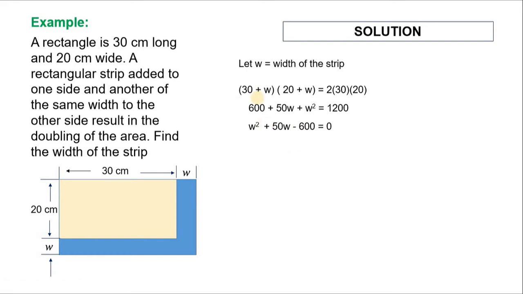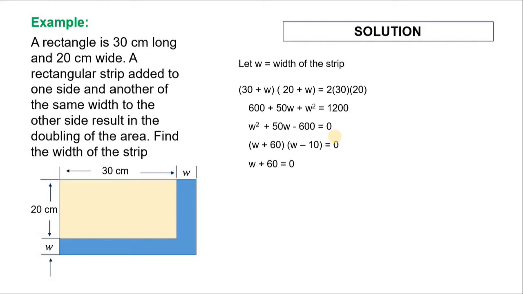So we have W squared plus 50W minus 600. Why 600 only? We moved the 1,200 to the left side. That 600 minus 1,200 will become negative 600 equals 0. So our equation now is in standard form, and we're going to solve that by factoring. The factors are W plus 60 and W minus 10 equals 0.